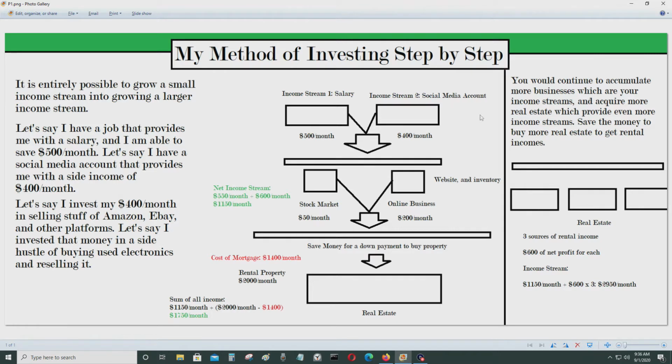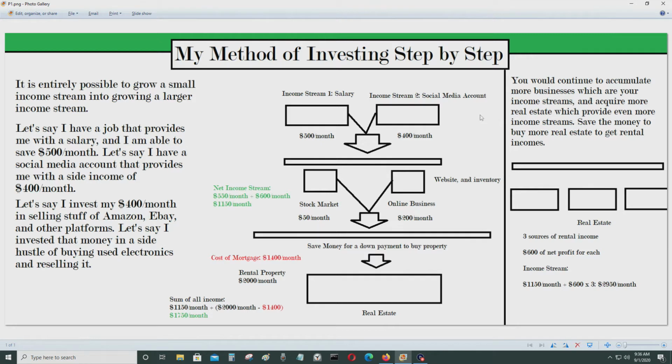And by making those investments, I'm able to generate $200 a month with that online business. And then I would invest that money in a website. So if I could make the website by myself, then I would save money.